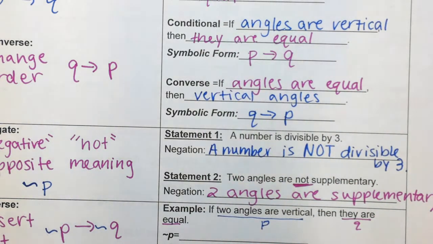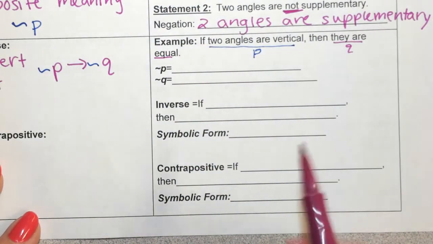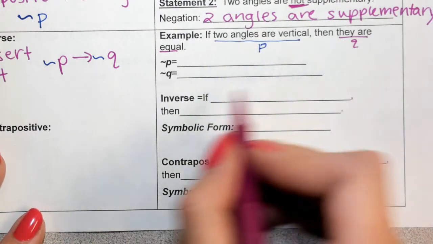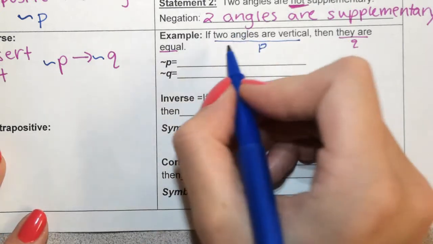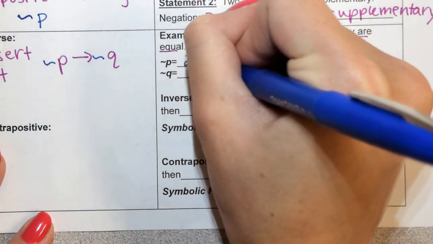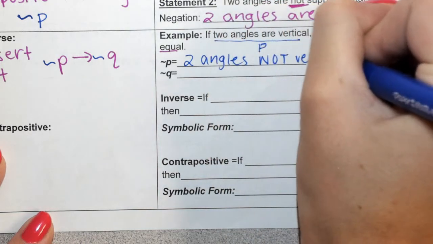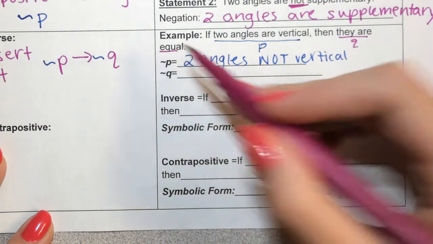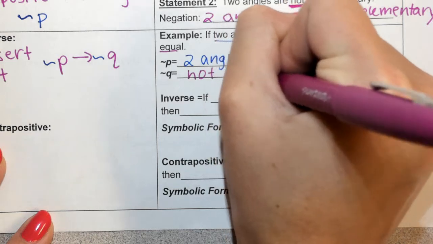So usually you will get the question as a conditional, and it will ask you for a different type of statement. Alright, so if I have if P then Q, I'm going to go ahead and write the negations of P and Q, so that will help me out a little more. So if P is two angles are vertical, the negation is two angles not vertical. Then they are equal, so the negation is not equal.